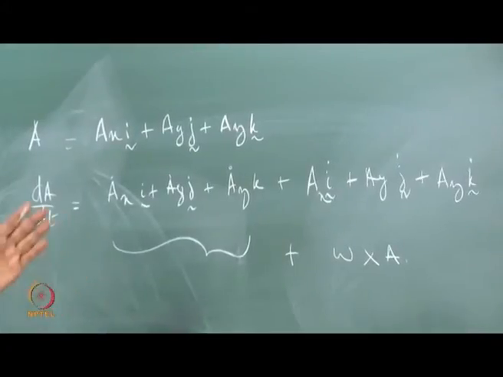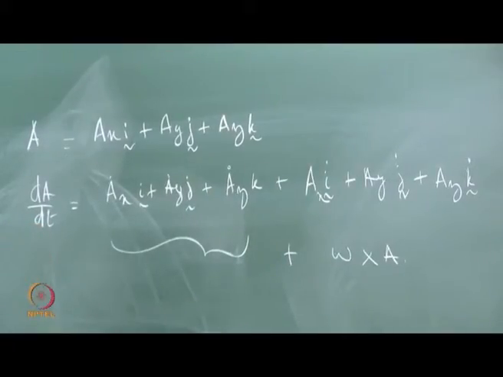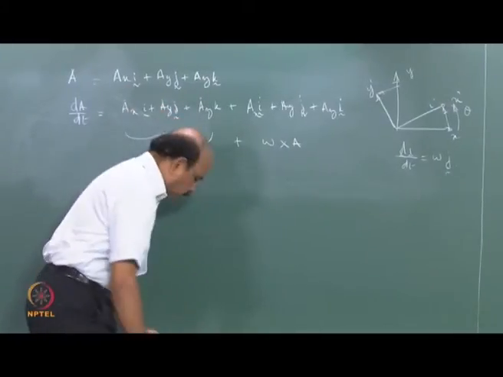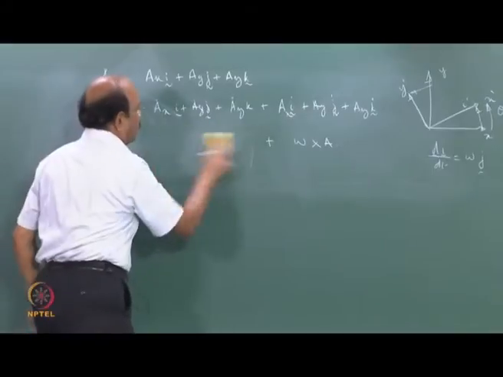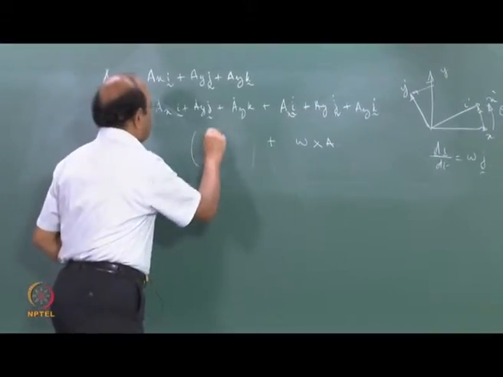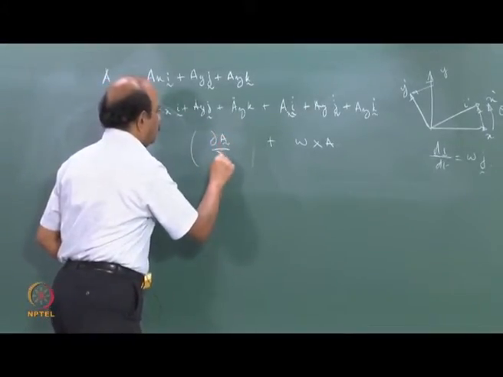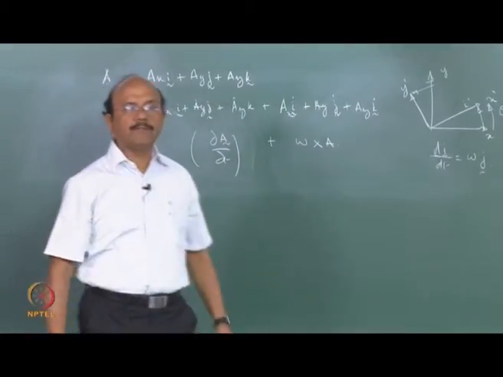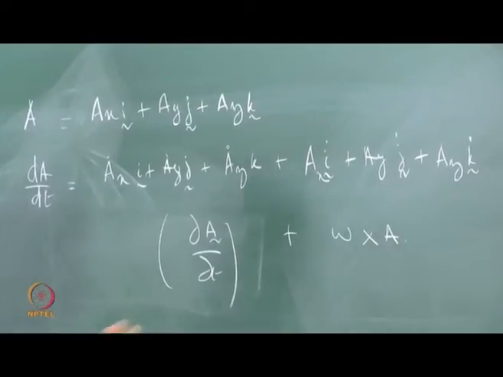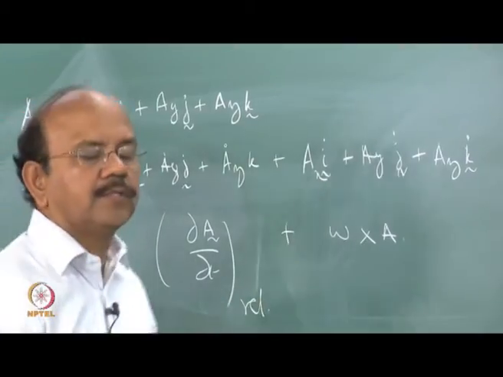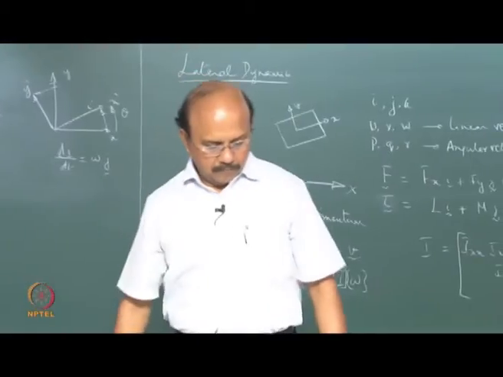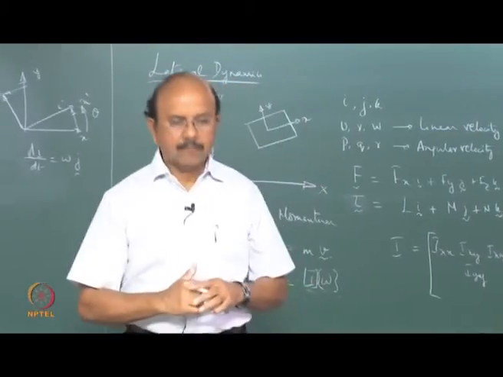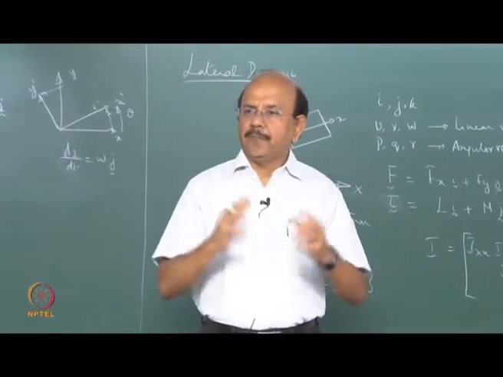Omega in our case is p, q, and r. Clear? So we will give a new name to this part, and we will call this dou A by dou t, call this relative. So what is the physical meaning of the first term?